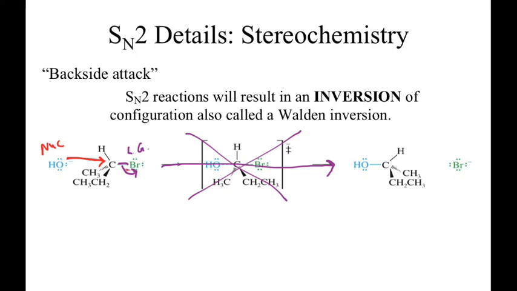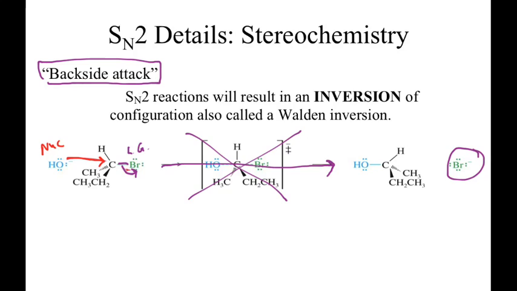So, big things to point out here. Number one, we're getting a backside attack. When the nucleophile comes in, it has to come in as far away from the leaving group as possible. Remember, as the leaving group leaves, it's leaving with a bunch of electrons. Take a look at the product. You get Br minus with a negative charge. Our nucleophile came in with a negative charge.